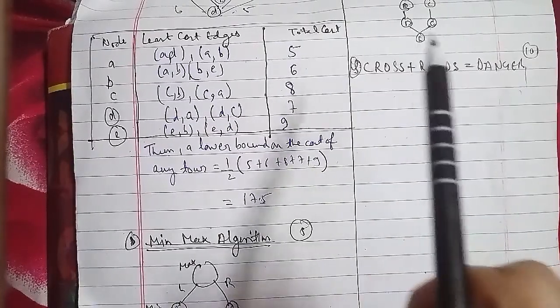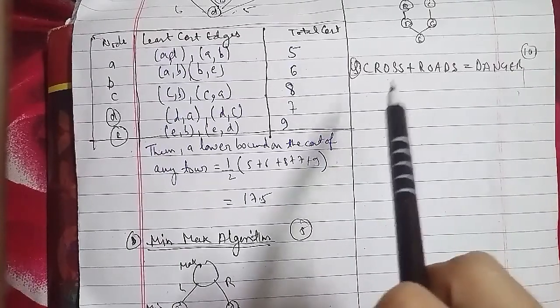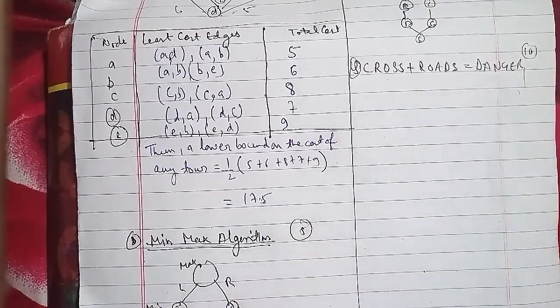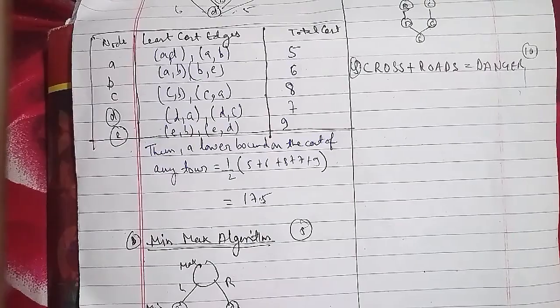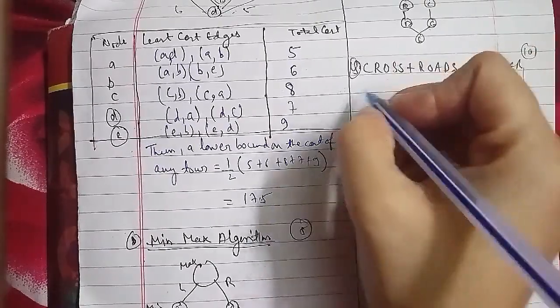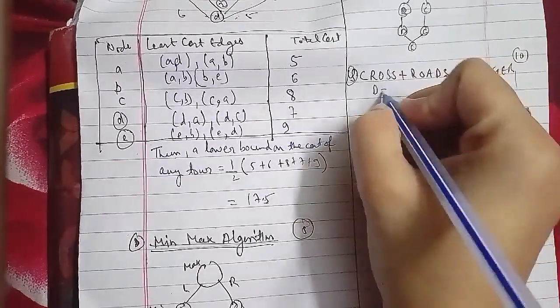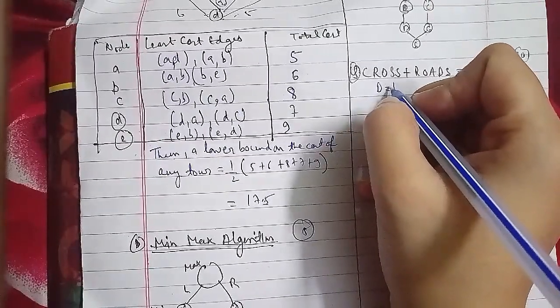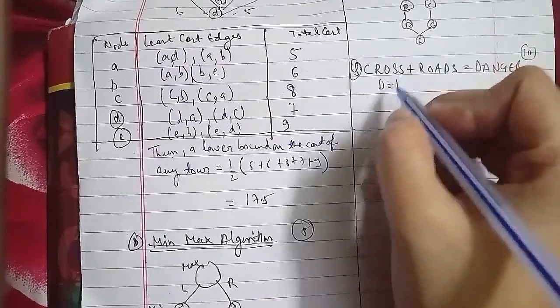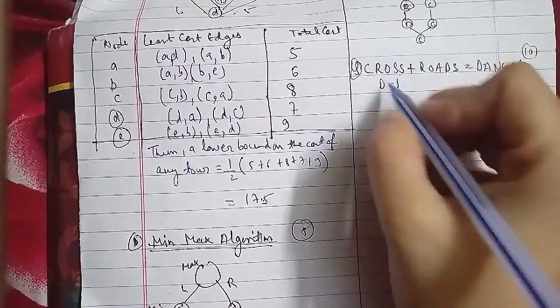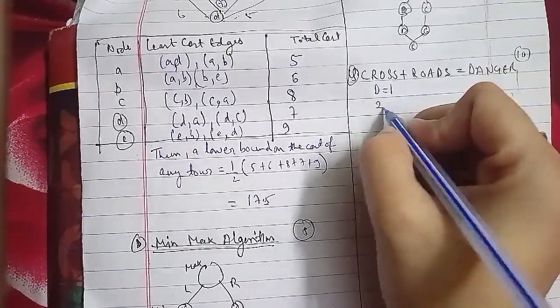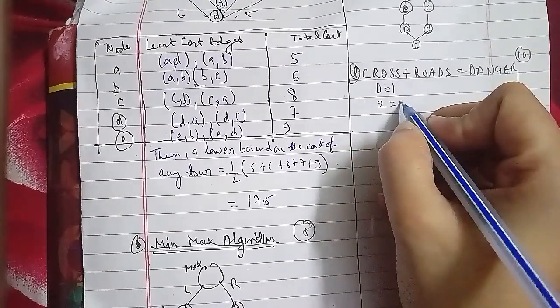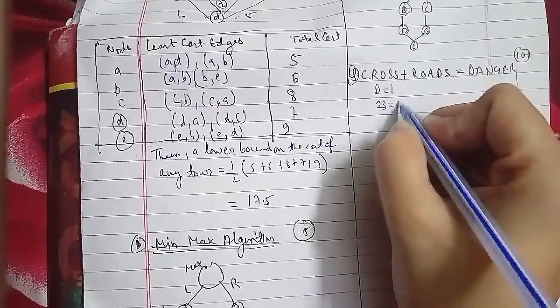Now for the constraints here: D equals 1. Then we have 2 S's, so 2S equals R, because it consists of R as well.